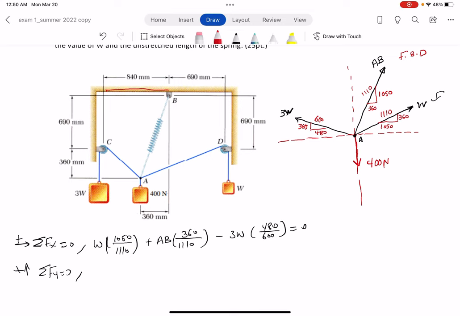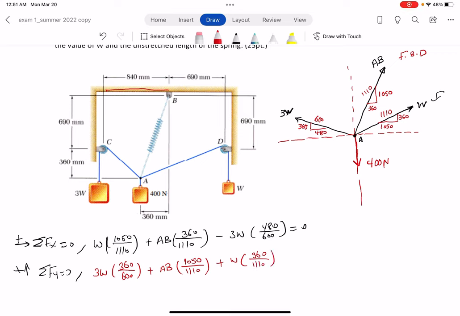Let's look for equation number 2, summation of forces in y. We have 3W times 360 over 600, plus AB times 1050 over 1110, plus W times 360 over 1110.